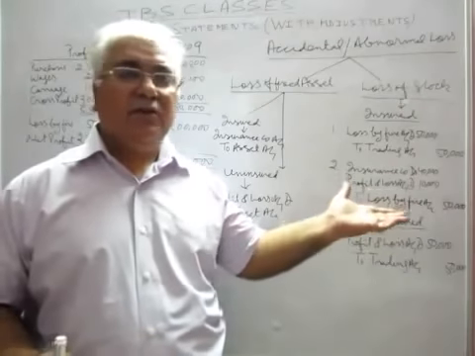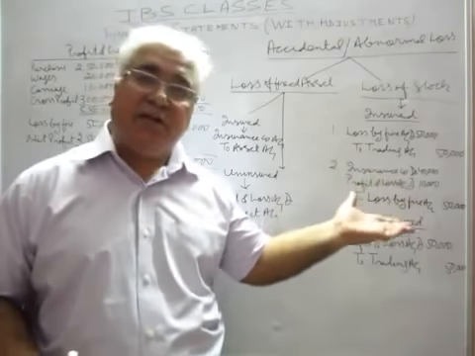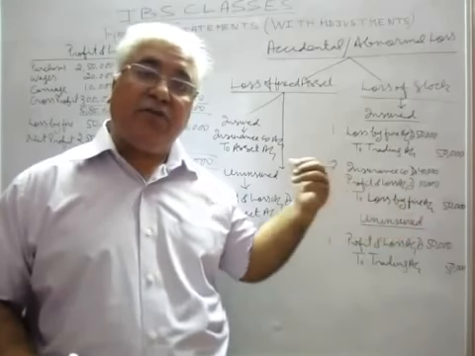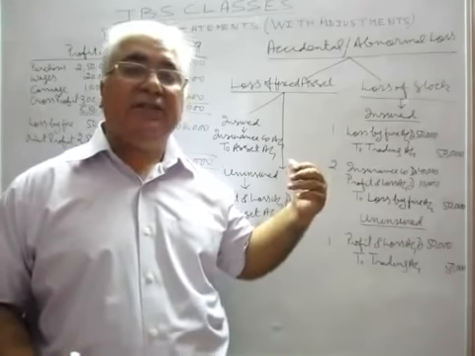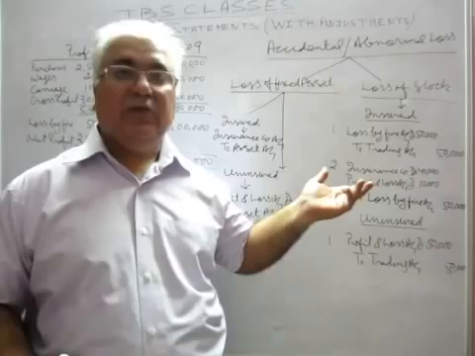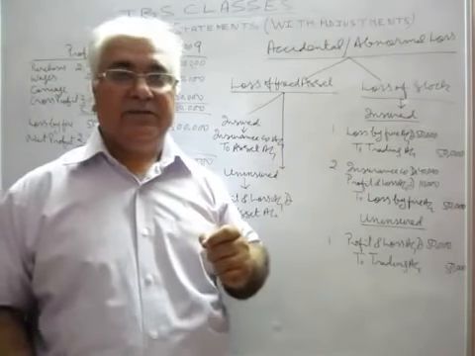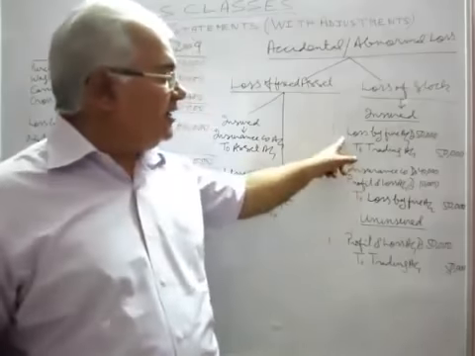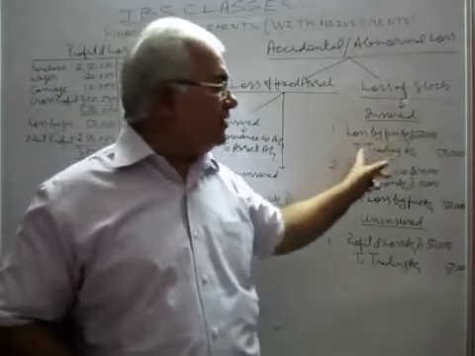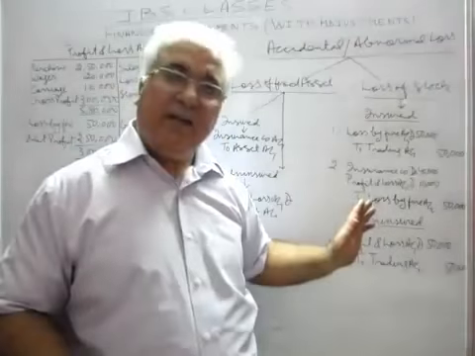That means this amount of 50,000 will appear on the credit side of trading account, and gross profit calculated will be as if this loss never happened, and actually this loss will be debited to profit and loss account. So first entry is loss by fire account, debited 50,000 to trading account, right?